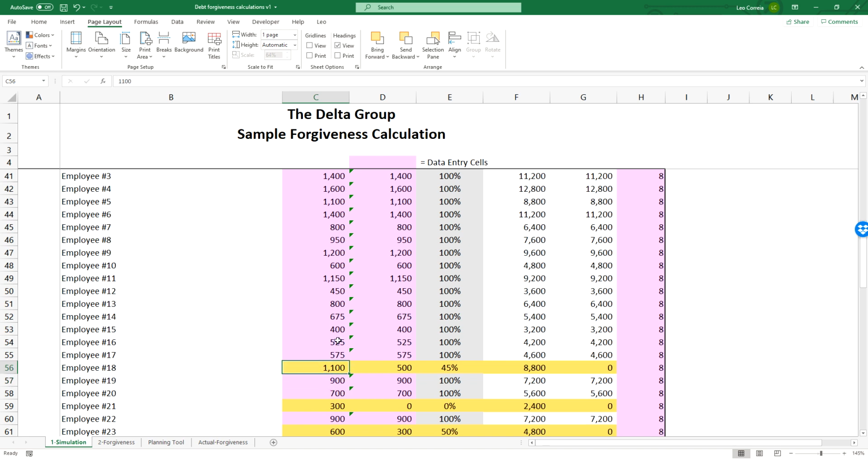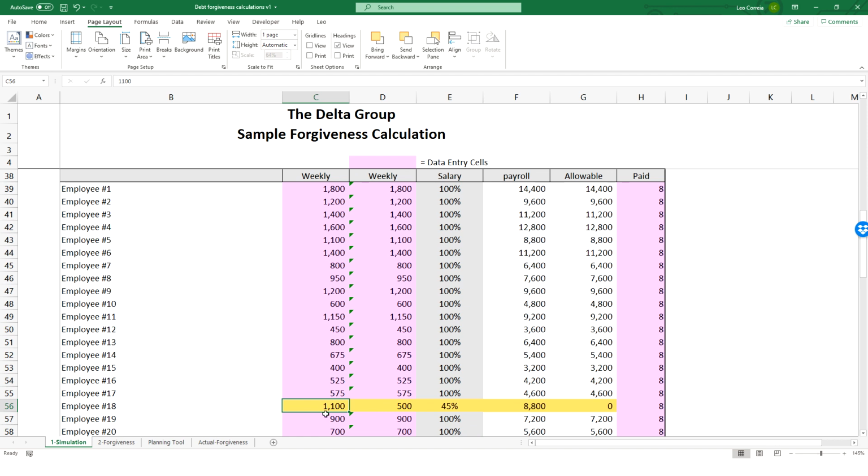Now, as we go down, there is an employee here, employee number 18, where they were paid $1,100 a week before. For whatever reason, their pay is being cut to $500 a week, so they're receiving only 45% of their historical payroll.